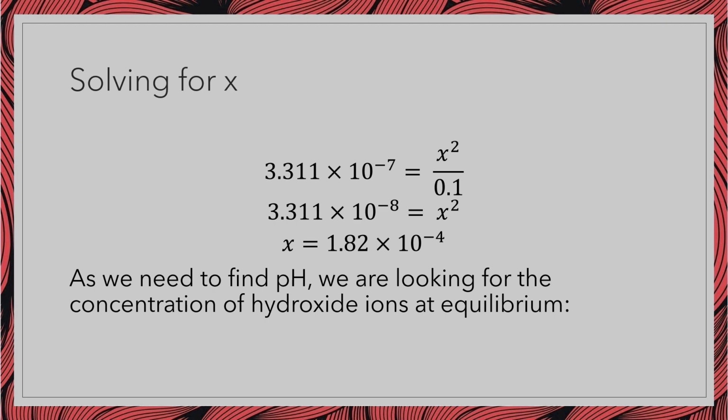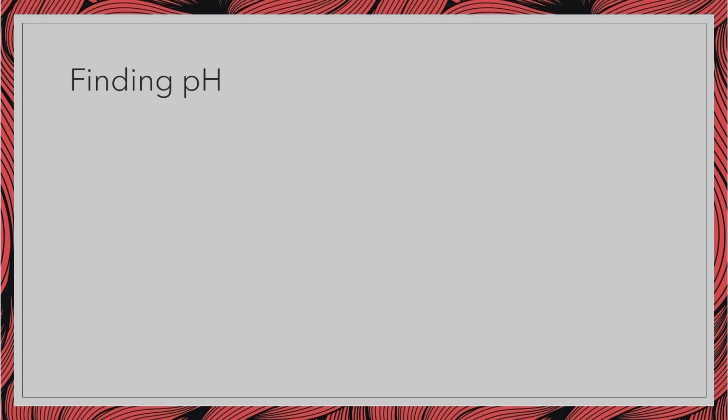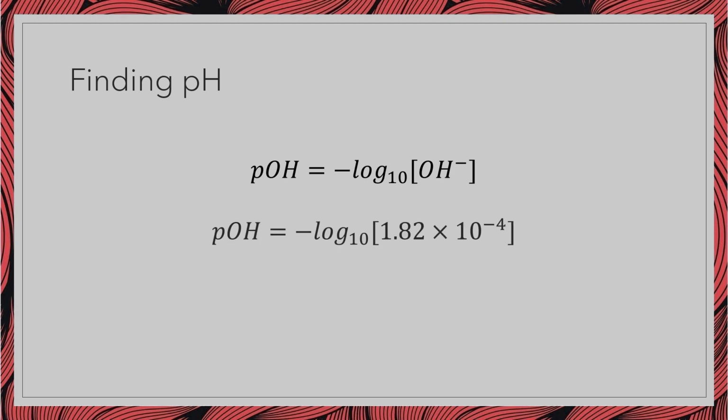So again, we need to find the pH, but we have hydroxide ion concentration at equilibrium, which is equal to X. So that's our OH minus concentration. pOH is negative log 10 of OH minus, which is negative log 10 of 1.82 times 10 to the negative 4, which equals 3.74 for pOH.